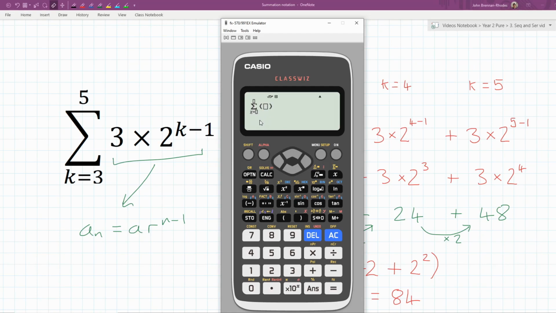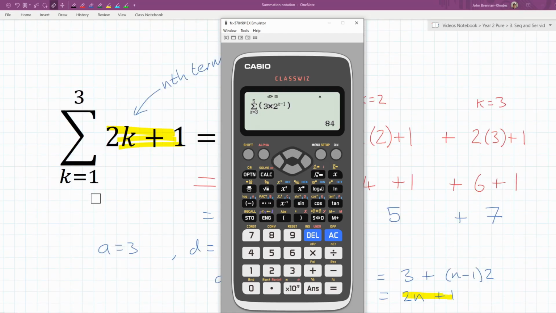It doesn't matter what letter that is at all. 3 times 2 to the power of, and I need to put x using this button, minus 1 up in the power. Then I click right, and it goes down to the bottom here. I want to go from 3 up to 5. And if I click equal, it sums it for me, and I get 84. So the calculator can do it very quickly.